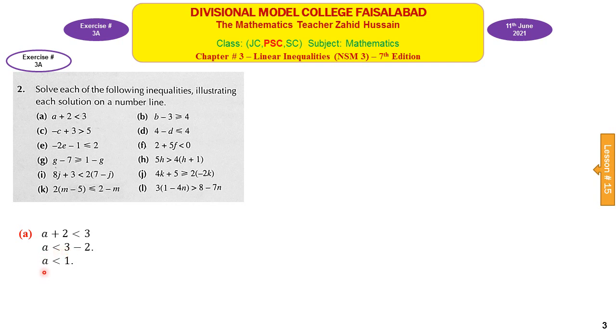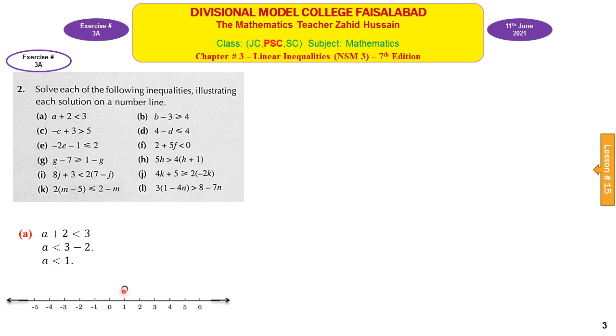Now we will illustrate or represent this inequality on the number line. We will first draw a number line showing 0 in the middle, all the positive numbers on the right hand side and all the negative numbers on the left hand side. To represent this inequality, we will put a circle on number 1. This circle will be an empty circle because the inequality does not have an equal sign.